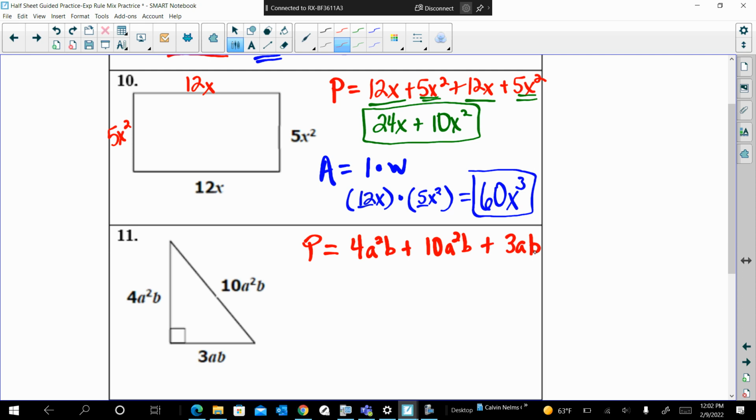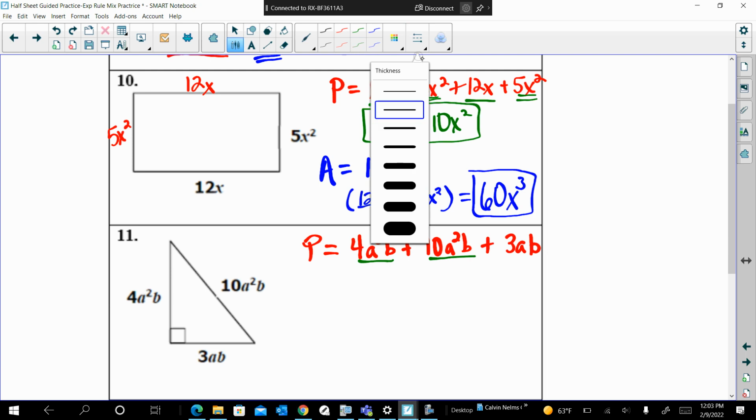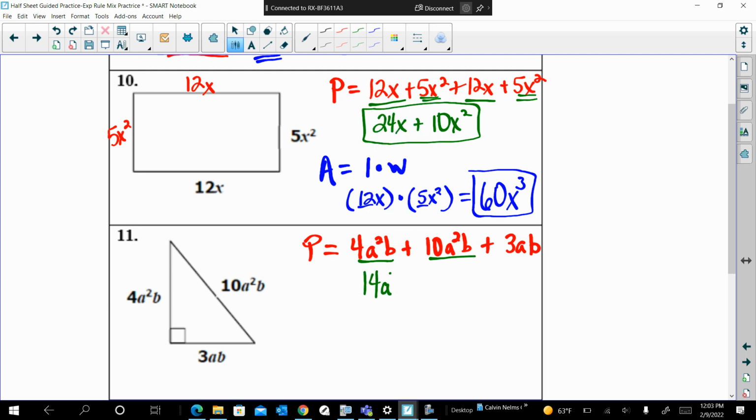Which ones are the like terms? 4a squared b and 10a squared b. So that means I have 14a squared b. Don't add the exponents. You just keep the letter and the exponent the same, plus the 3ab.